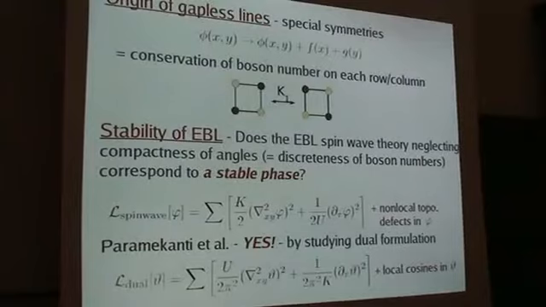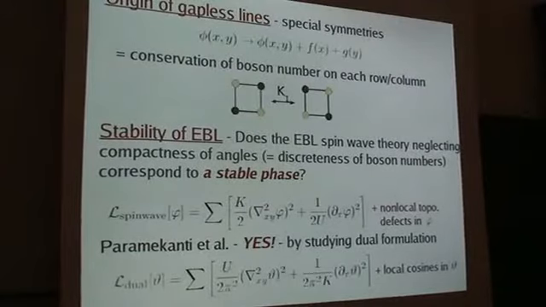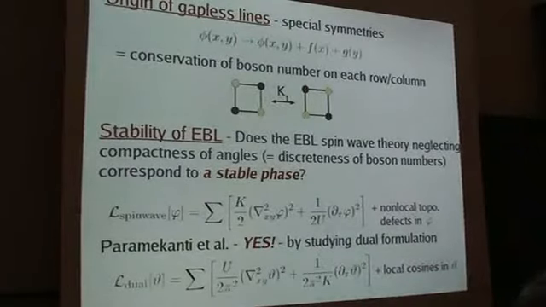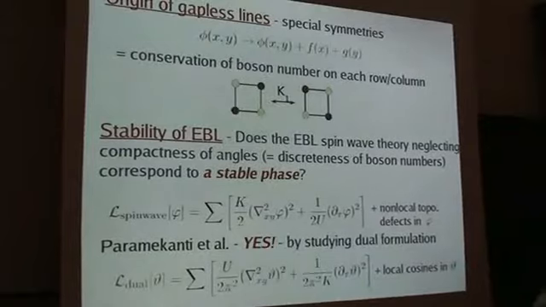You're asking whether the Bose liquid in the spin wave theory is stable, but in the spin wave theory, don't you have long range order? Here you do not, because of these special conservation laws. The precise definition of spin wave theory is the phase where you can neglect the compactness of the phase field. But if you compute spin correlations, they decay like power laws?